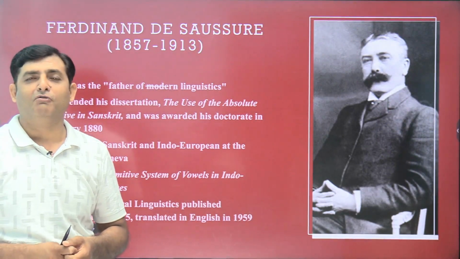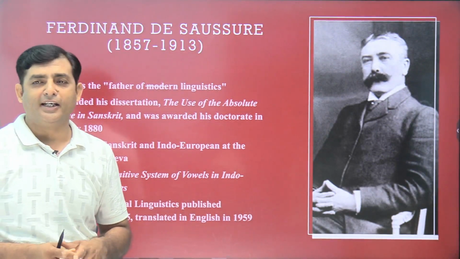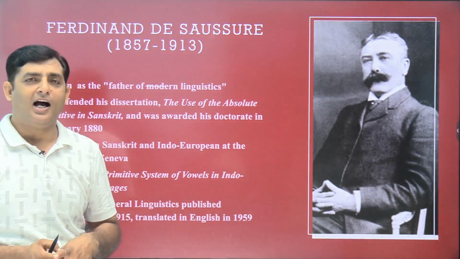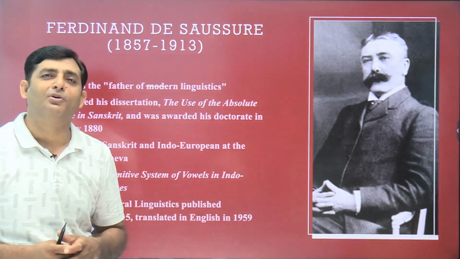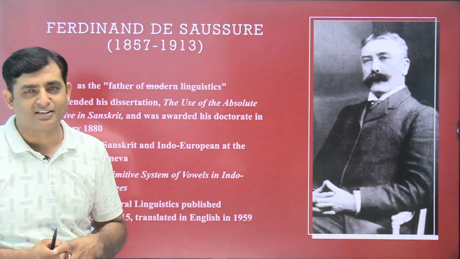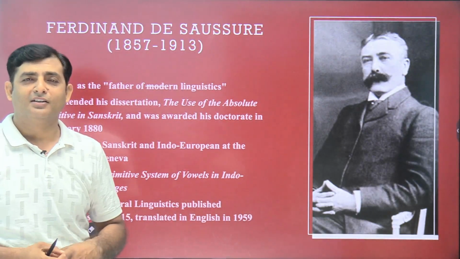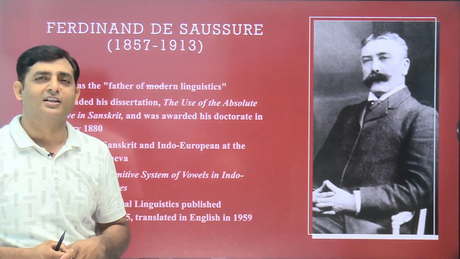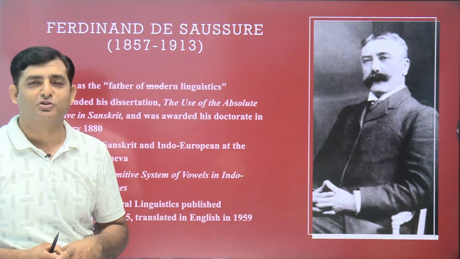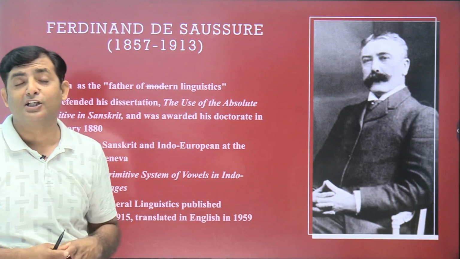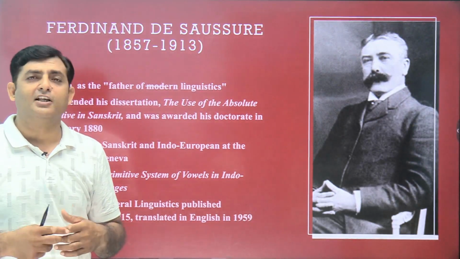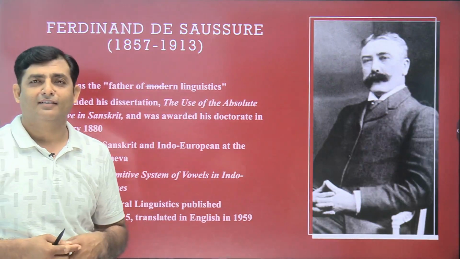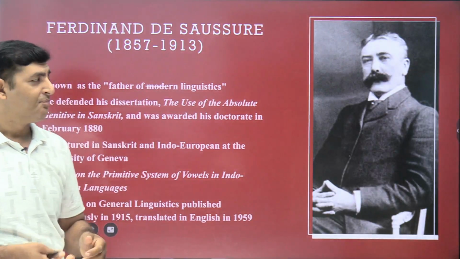Ferdinand de Saussure was a Swiss linguist born in 1857 and he died in 1913. The basic book related to linguistics that we study today, the Course in Modern Linguistics, was published posthumously in 1915 in French, and later it was translated into English in 1959.